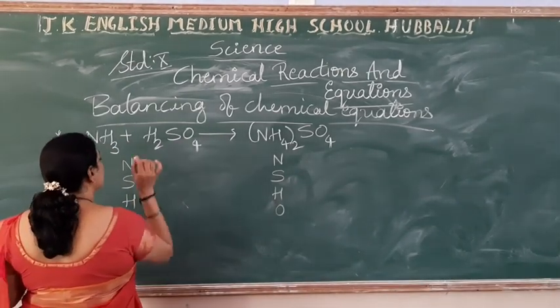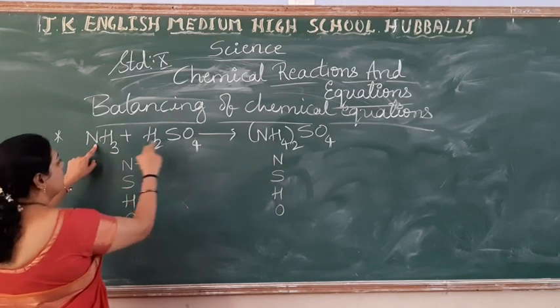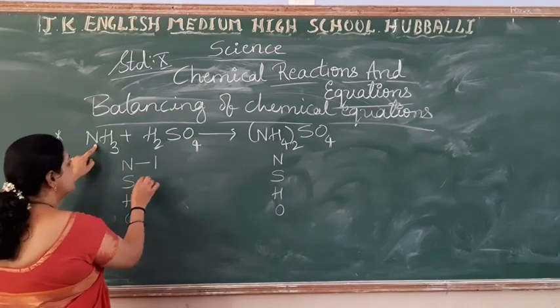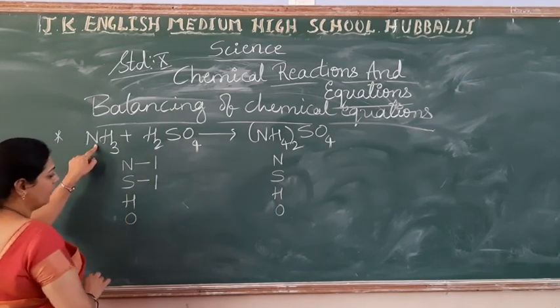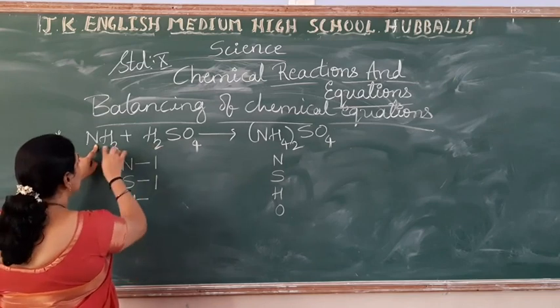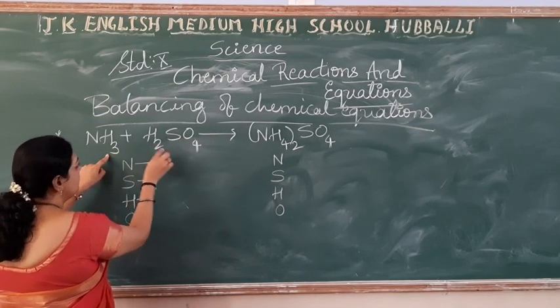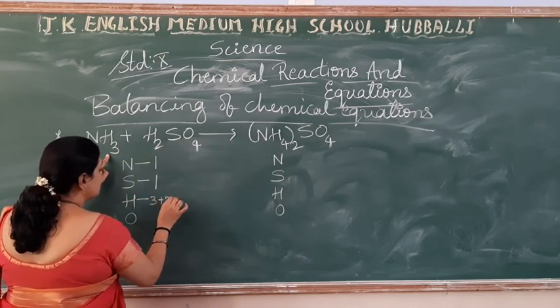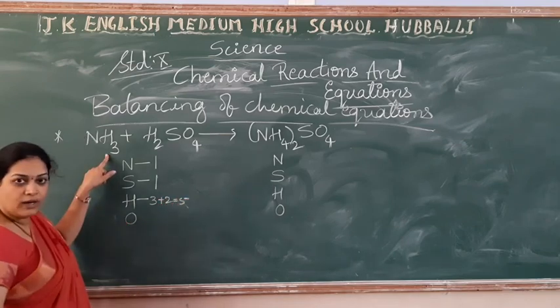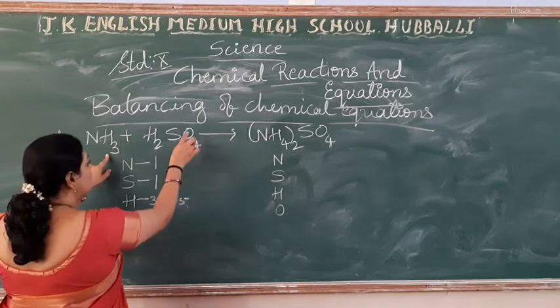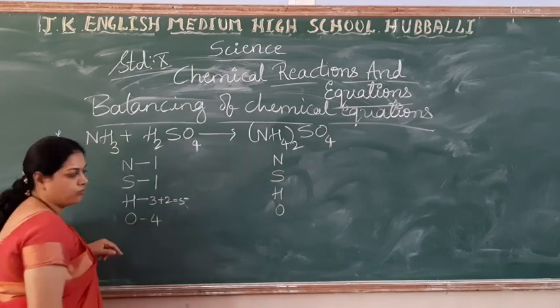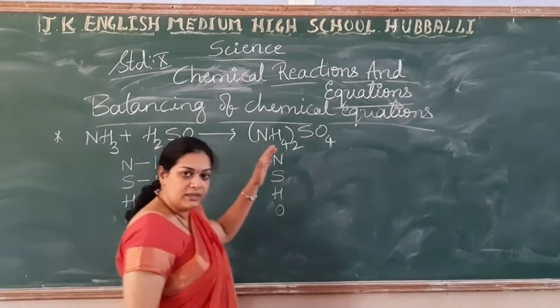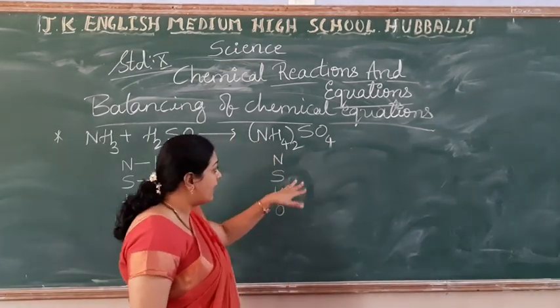Nitrogen, how many atoms are there? 1. Sulfur, how many? 1. Coming to the hydrogen, 3 plus 2, total 5 hydrogen atoms are there. What about oxygen? 4.